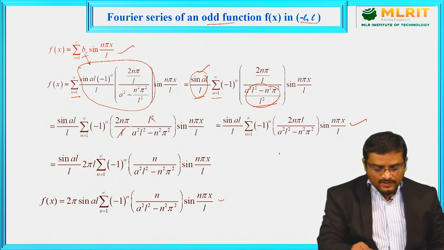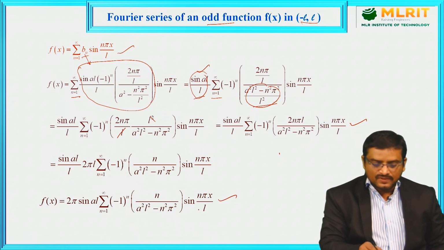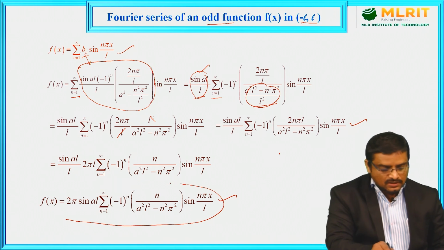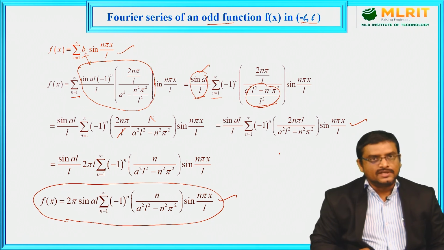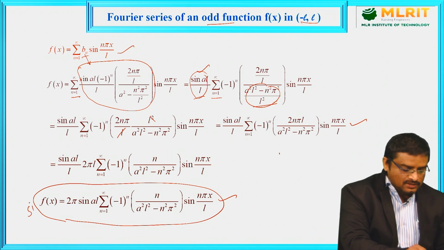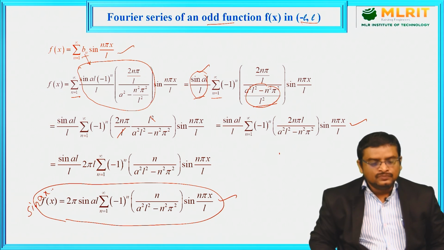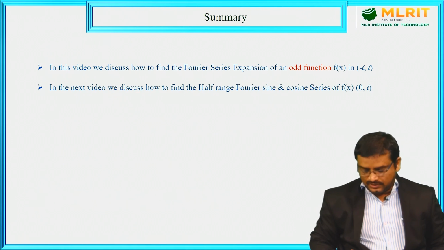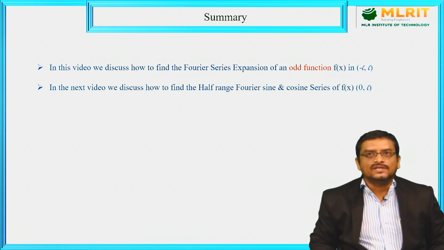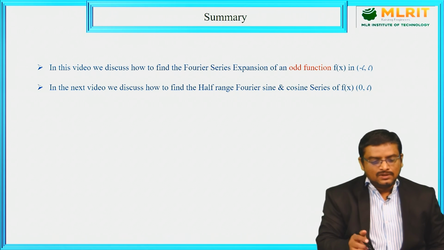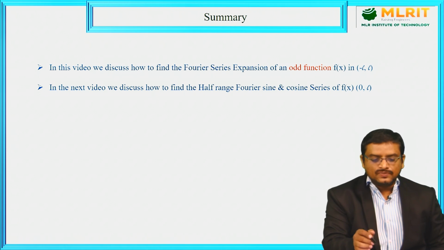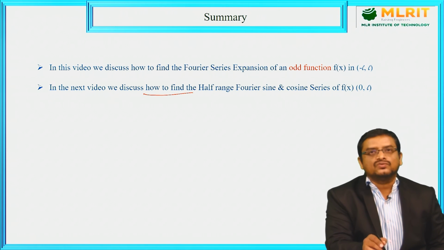So after doing some simplifications, finally we got our required Fourier series expansion for an odd function, that is our function sin ax in the interval minus L comma L. So this is the way we can find the Fourier series of an odd function in the interval minus L comma L.